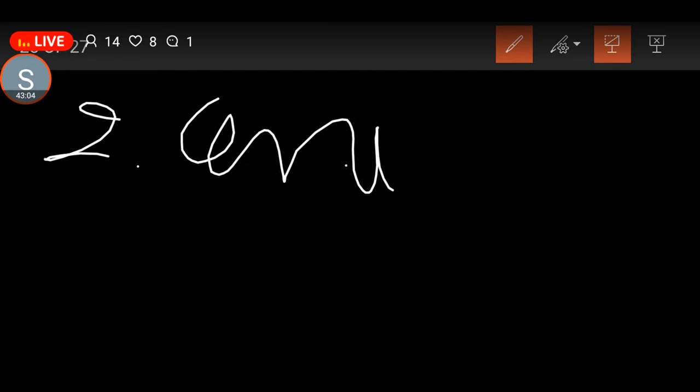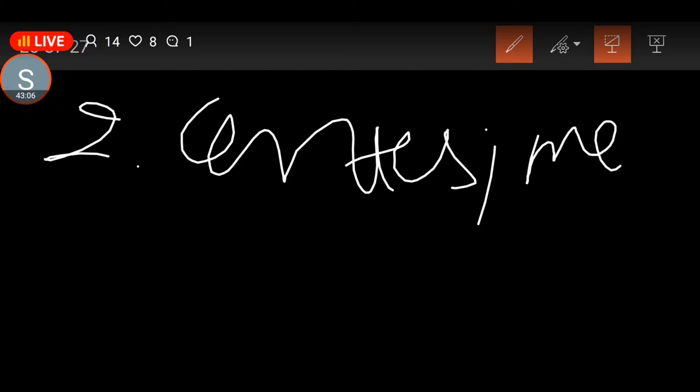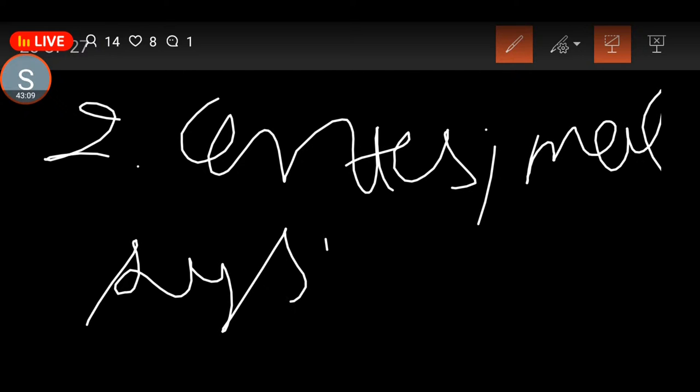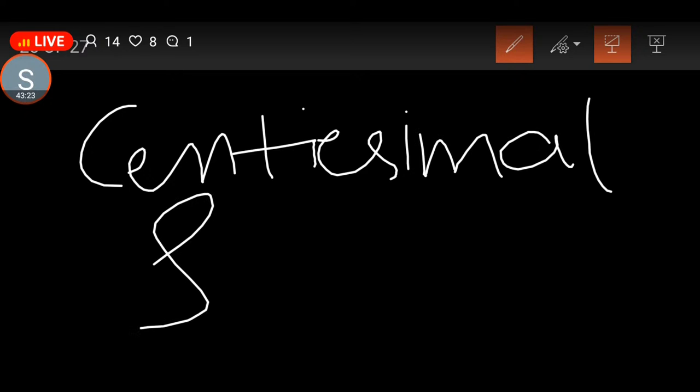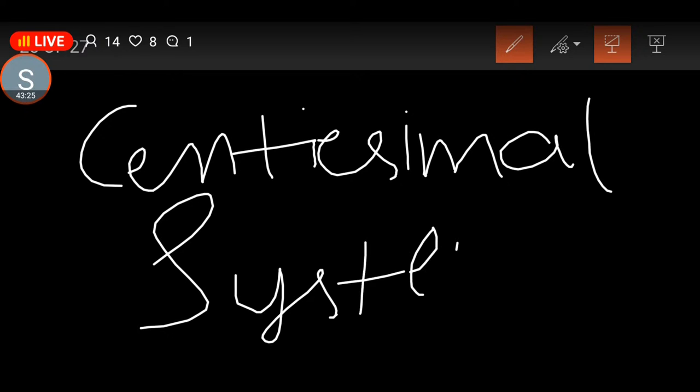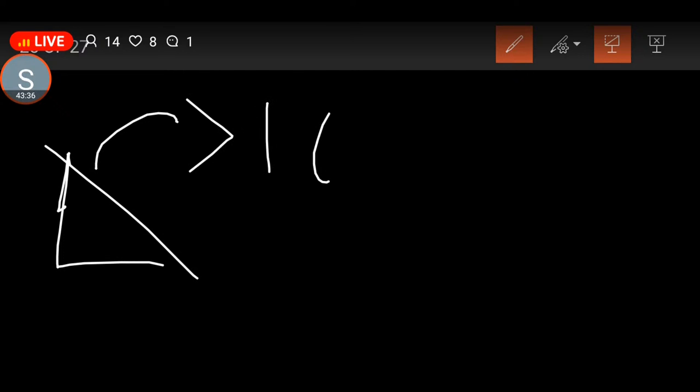Now we'll go to the second type of system, that is the centesimal system. In the centesimal system, we divide one right angle into 100 equal parts.